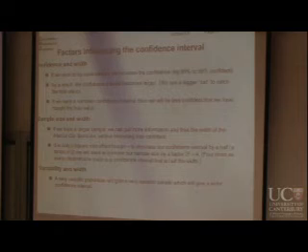Intuitively it makes sense: if we take a bigger sample, we get more information so we can be more accurate. If I'd taken a sample of 10 rather than 5, all of those confidence intervals would have been smaller, because we've got more information. The more information we get, the more we can shut things down.